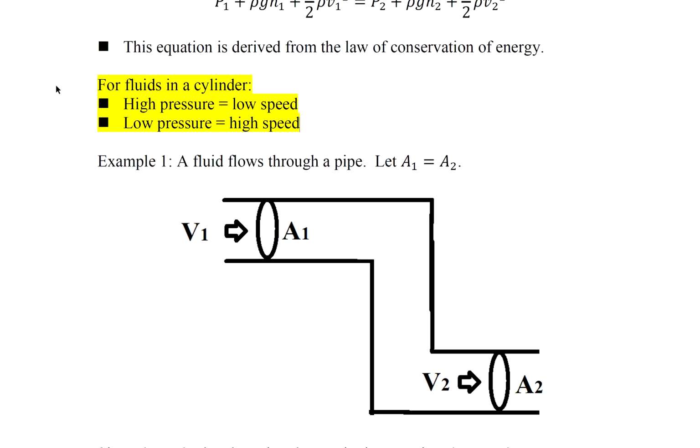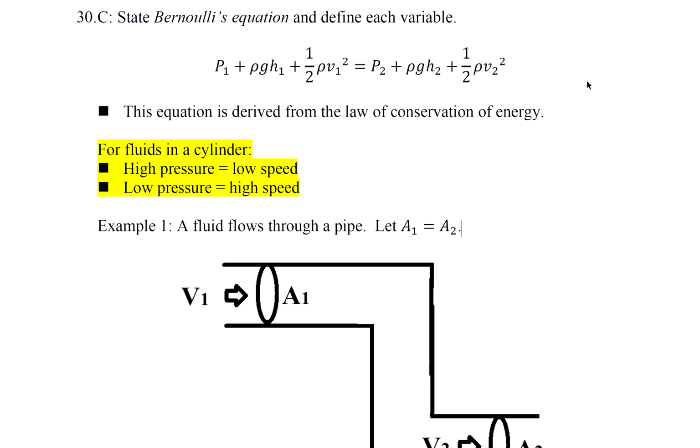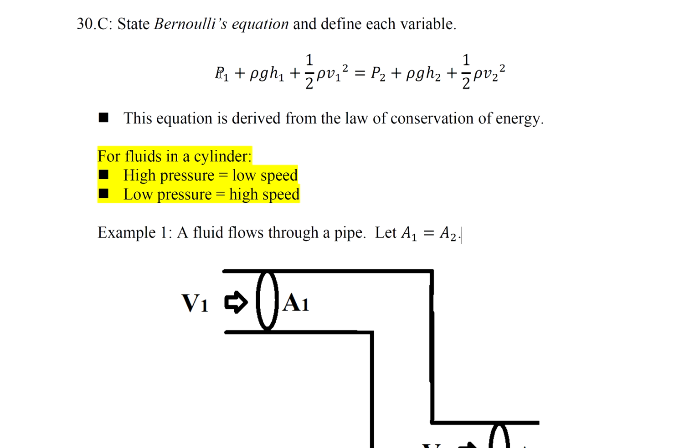So example 1, a fluid flows through a pipe, let A1 equal A2. So water goes to the right, a fluid, then it goes down and it continues to go to the right. I'm saying cross-sectional area 1 is equal to cross-sectional area 2. So looking at this equation, if A1 equals A2, then V1 is equal to V2.